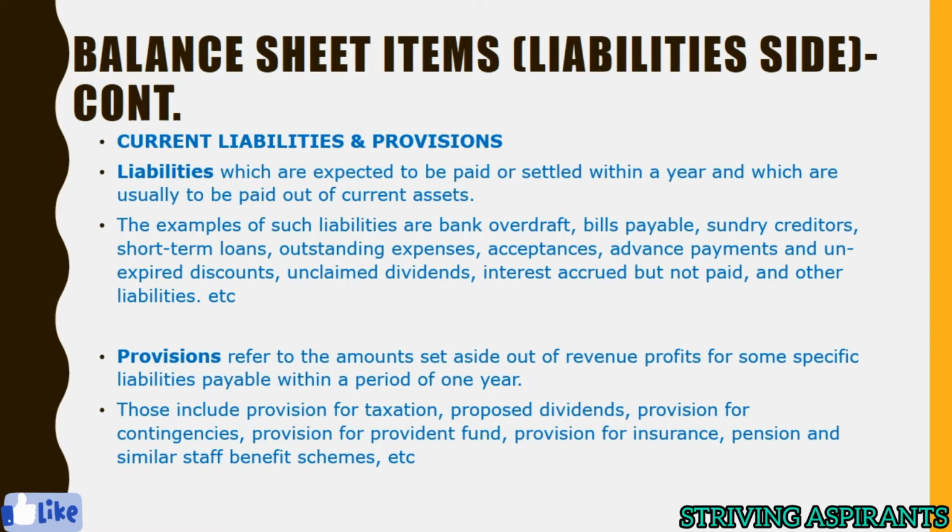The examples include bank overdraft, bills payable, sundry creditors, short-term loans, outstanding expenses, acceptances, advance payments and unexpired discounts, unclaimed dividends, interest accrued but not paid, and other liabilities, etc.